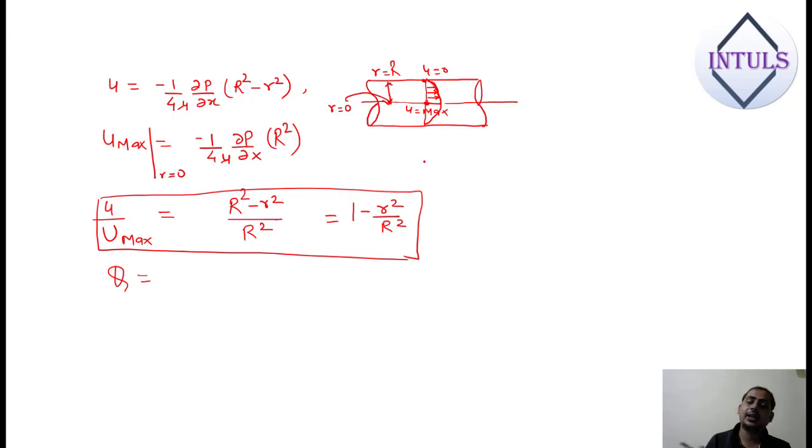At the same time you can integrate the velocity with respect to the cross sectional area, and then also you can get the discharge.